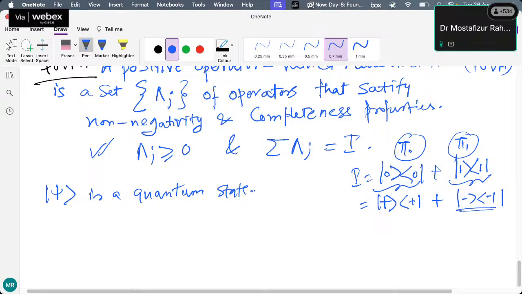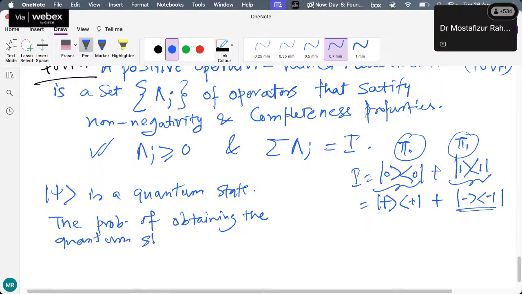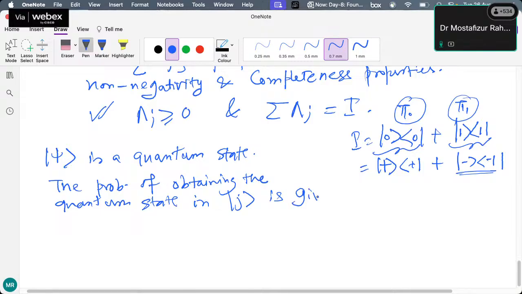I can calculate the probability of obtaining the quantum state in the j basis using the POVM operator. It is given by psi, lambda j, psi, where lambda j is the corresponding POVM operator.